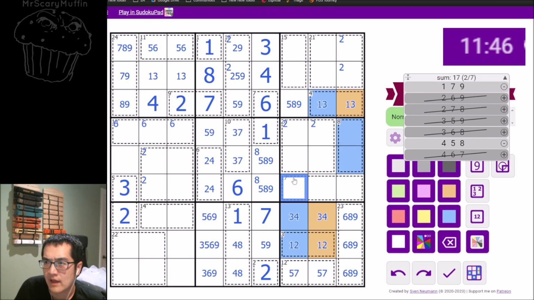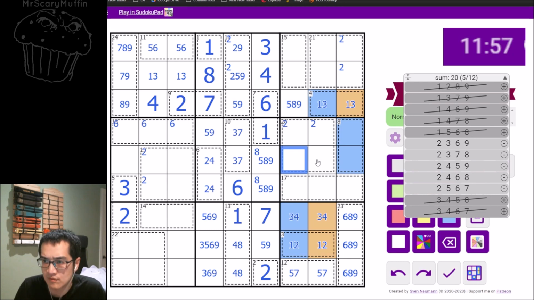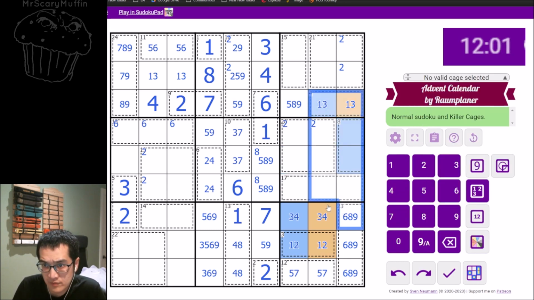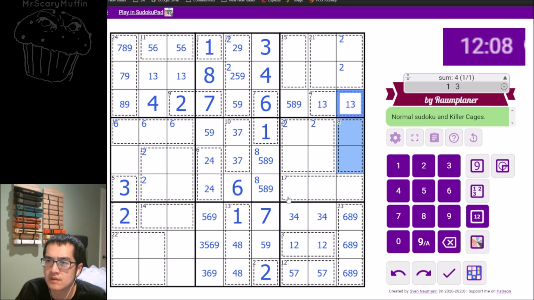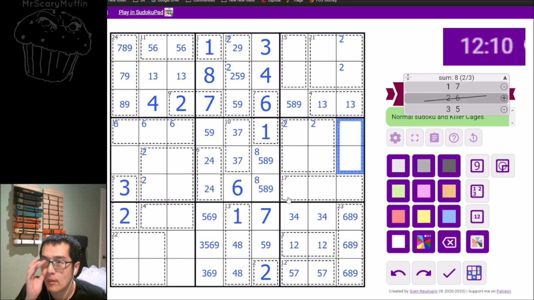Can we have a 1? We could have a 1. Okay, that's about as far as that goes, fortunately. Well, that's actually 1, 3. 1 or 3 is relegated here, but we don't know which. It's not particularly helpful.